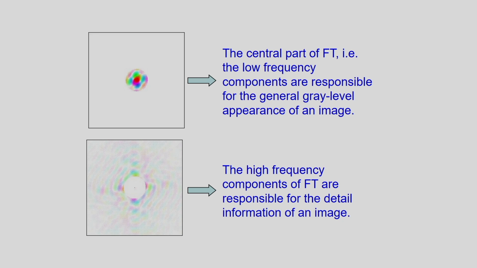So, here I am explaining this one. The central part of the Fourier transform, that is the low frequency components, are responsible for the general gray level appearance of the image. On the other hand, the high frequency components of the Fourier transform are responsible for the detailed information of an image. So, this concept already I have explained.